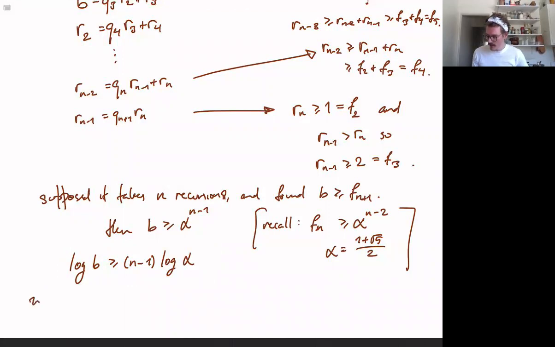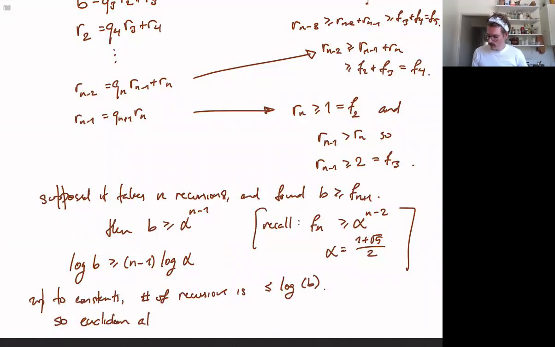It's telling us that up to constants, the number of recursions is less than or equal to the logarithm of our input. So the Euclidean algorithm is O of log B to find the GCD of A and B.